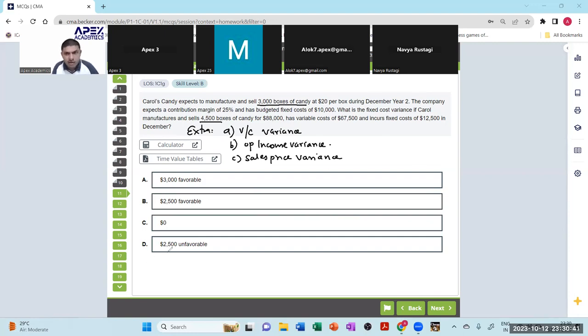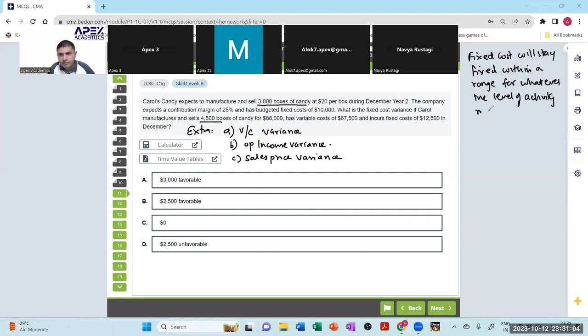Now, first of all, fixed cost will stay fixed within a range, for whatever the level of activity may be. Agreed or disagreed? Yes, sir. Even if you make a flexible budget, in that also fixed cost will continue to be 10,000 only. Do you agree or disagree?